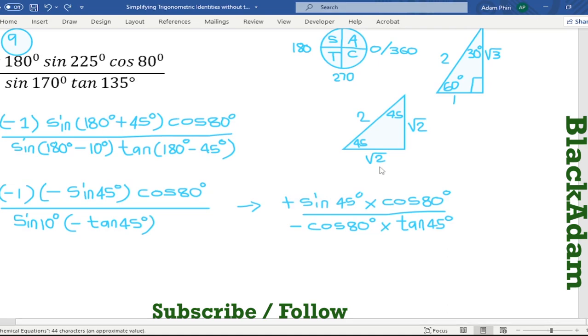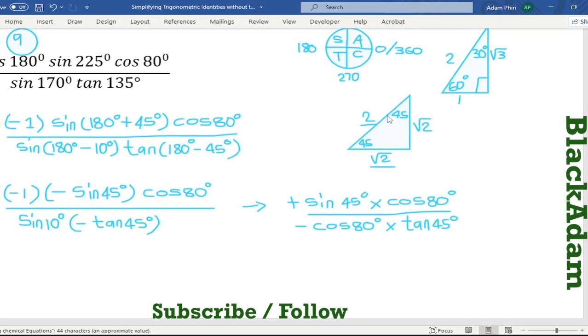From there that is going to give us root 2 over 2.